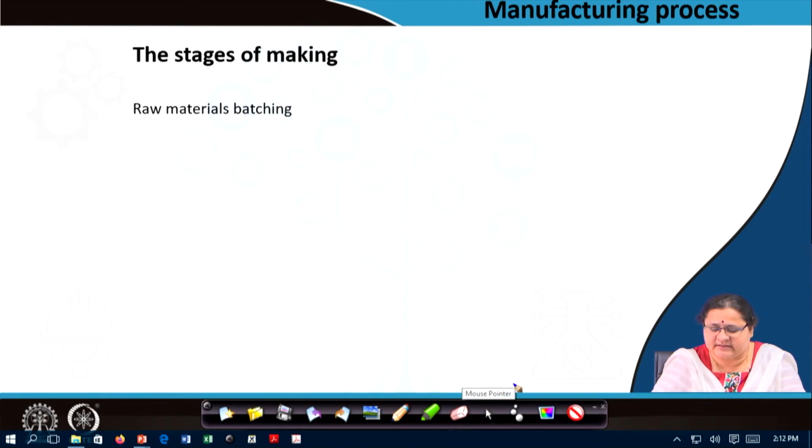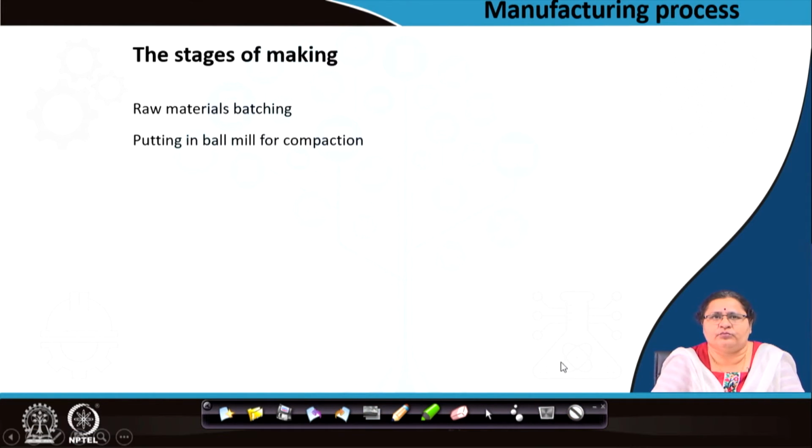Next stage is you are going to put it in the ball mill for mixing. In the ball mill, the entire batched items are mixed together before it goes for compaction. During the mixing process, all ingredients are mixed thoroughly so that you get a very uniform mixture.